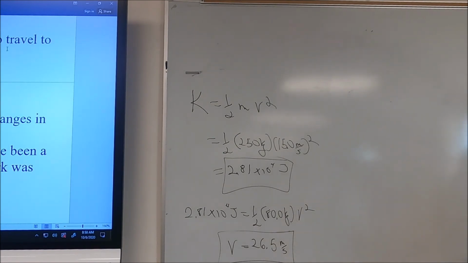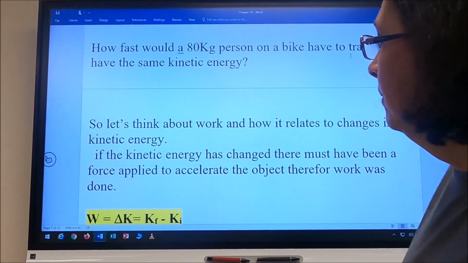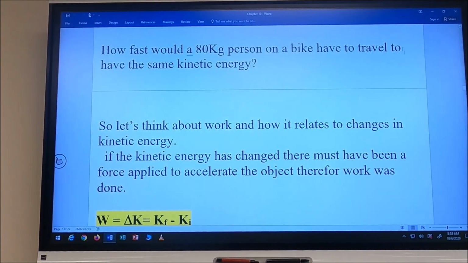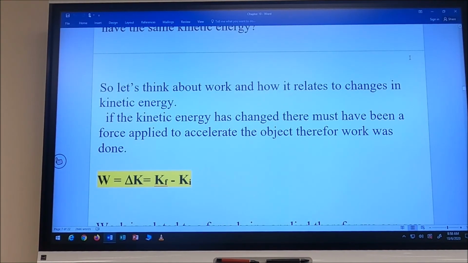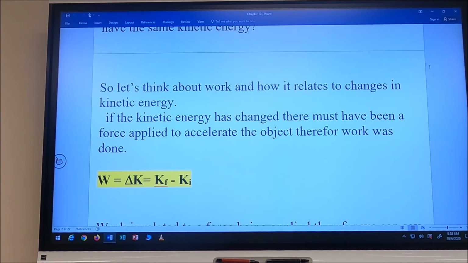Okay? Now, let's think about change in kinetic energy. So if kinetic energy changes, there has to be an applied force, because we know to change speed, there has to be an acceleration. And accelerations are based on forces.